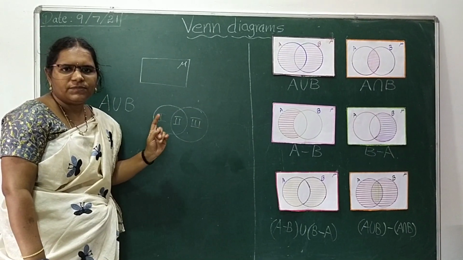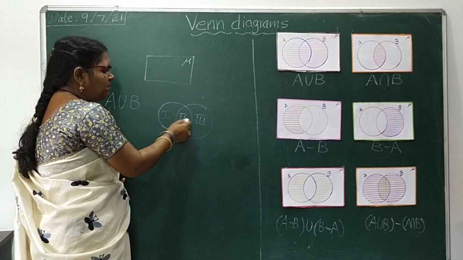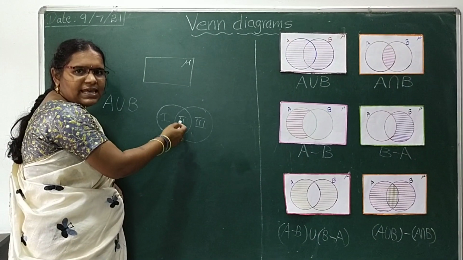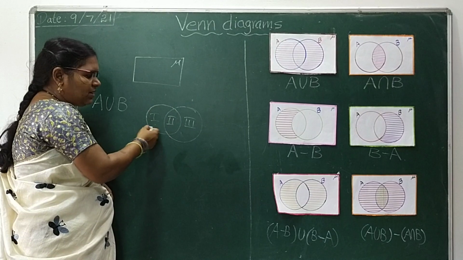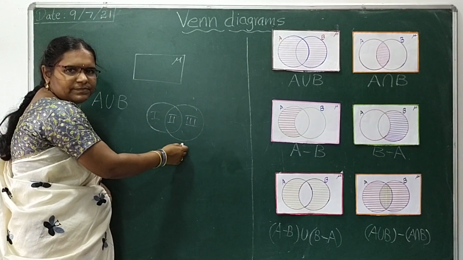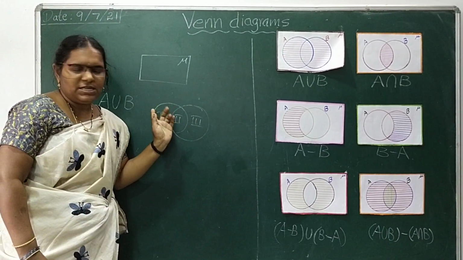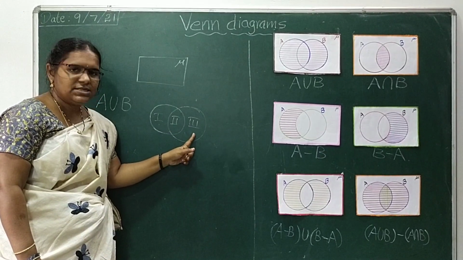A intersection B means the second part, which is common. A minus B means only the first part. B minus A means only the third part will come. Is that clear?